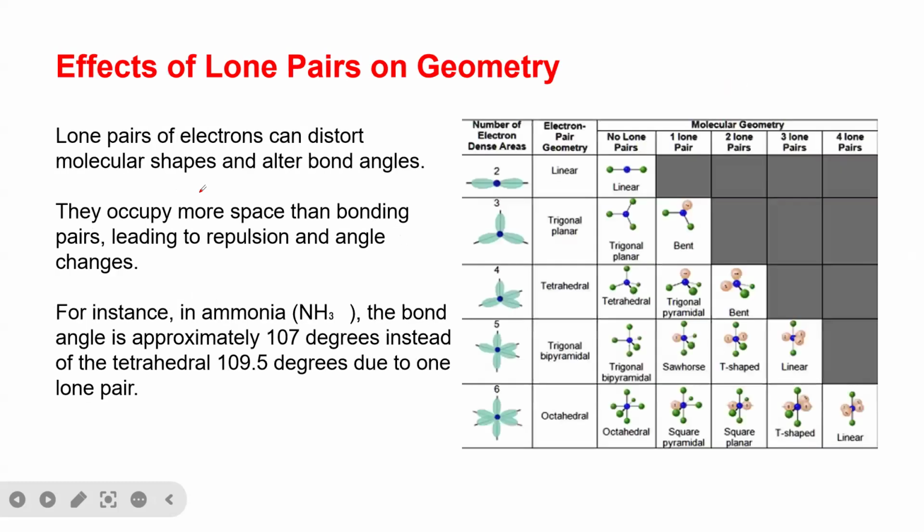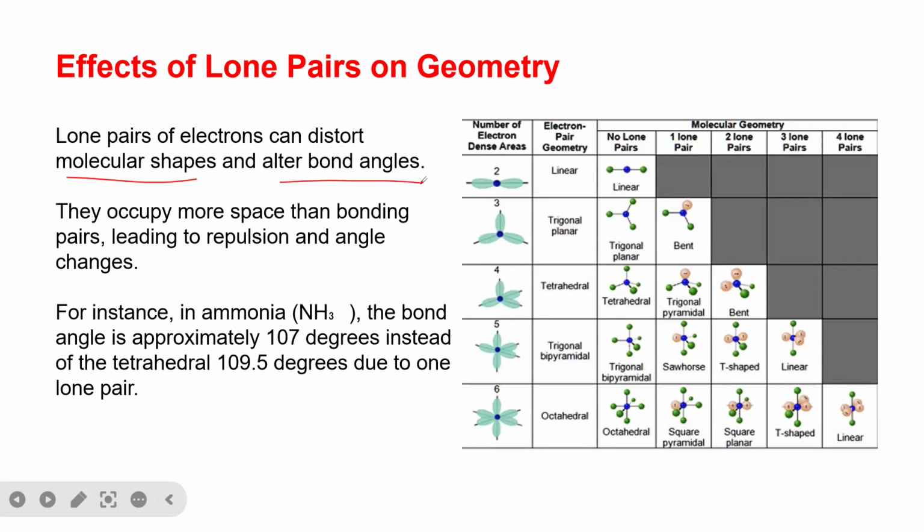So then the next thing is the effects of lone pairs of electrons, as discussed. Let me just briefly talk about it. The lone pair of electrons can distort molecular shapes. It alters the shape and the bond angles. This occurs because a lone pair occupies more space than bonding pairs, leading to repulsion and a change in bond angles.